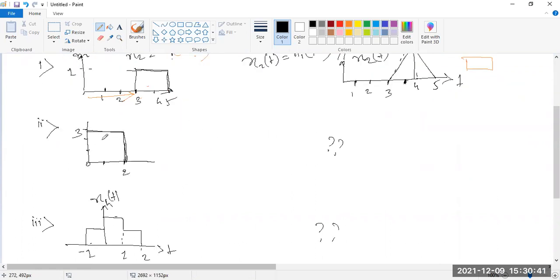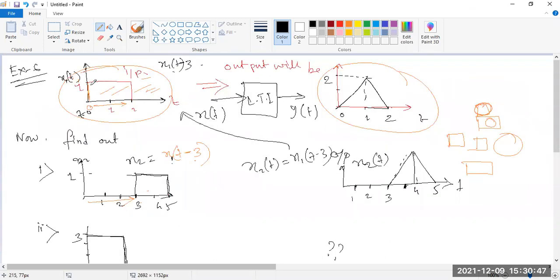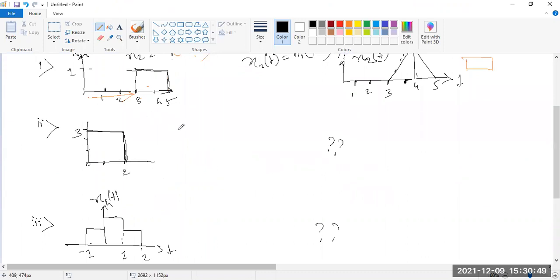Now at this point, you can see this is a 3 and here this is a 1. Guys, just perform it, because this is a very easy example and it is conceptual. If you don't perform it by your own hand, then you won't get any conception of signals and systems, and later on you will feel it is a boring subject.